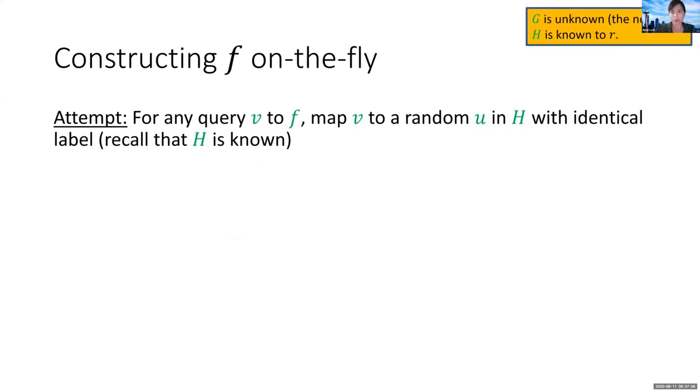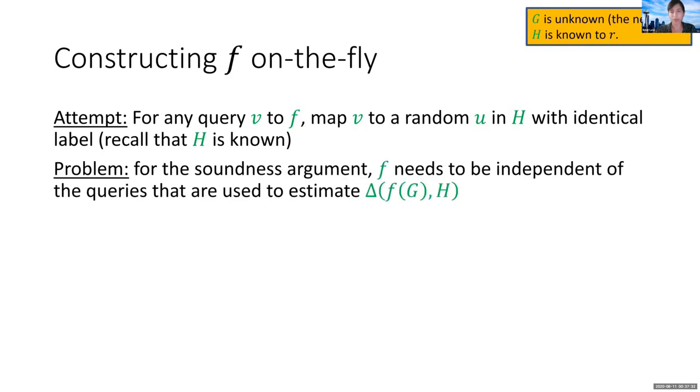Now we describe how we construct F on the fly. For any query V to F, we map V to a random vertex U in H such that U has an identical label as V. Recall that H is known, and therefore we know the labels of all the vertices in H according to every sequence.